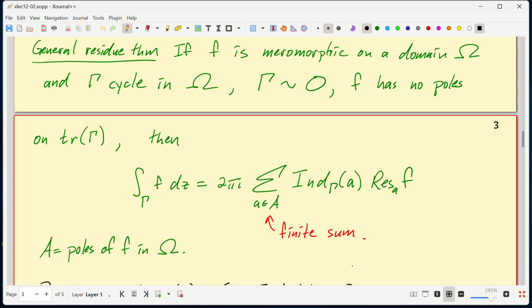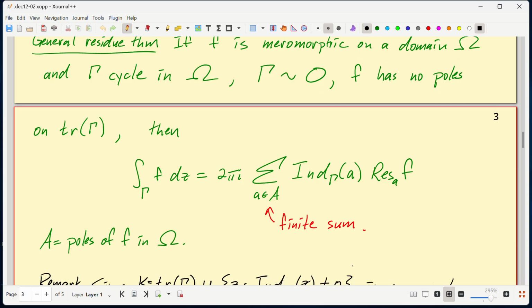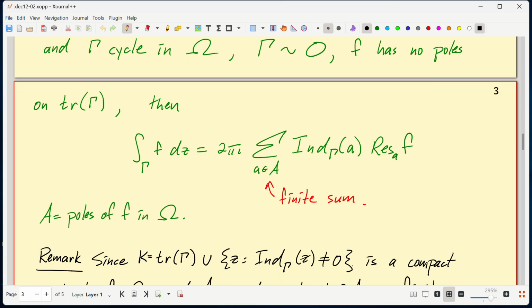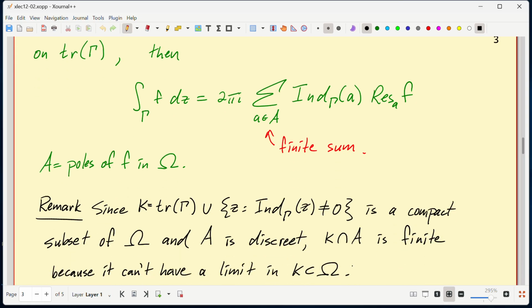Discrete sets don't have limit points in omega. So there's only finitely many points in the discrete set. So I called the set where that index was not 0 among the poles, singularities, I call that German A.